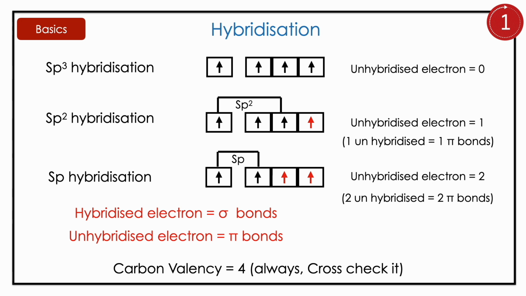So hybridization happens between s and p, s and 2p orbitals, s and 3p orbitals. Here the unhybridized electron is important because it forms pi bonds. The more important thing is that carbon valency does not change, only the bonded atoms change. So always cross check that you have valency 4.